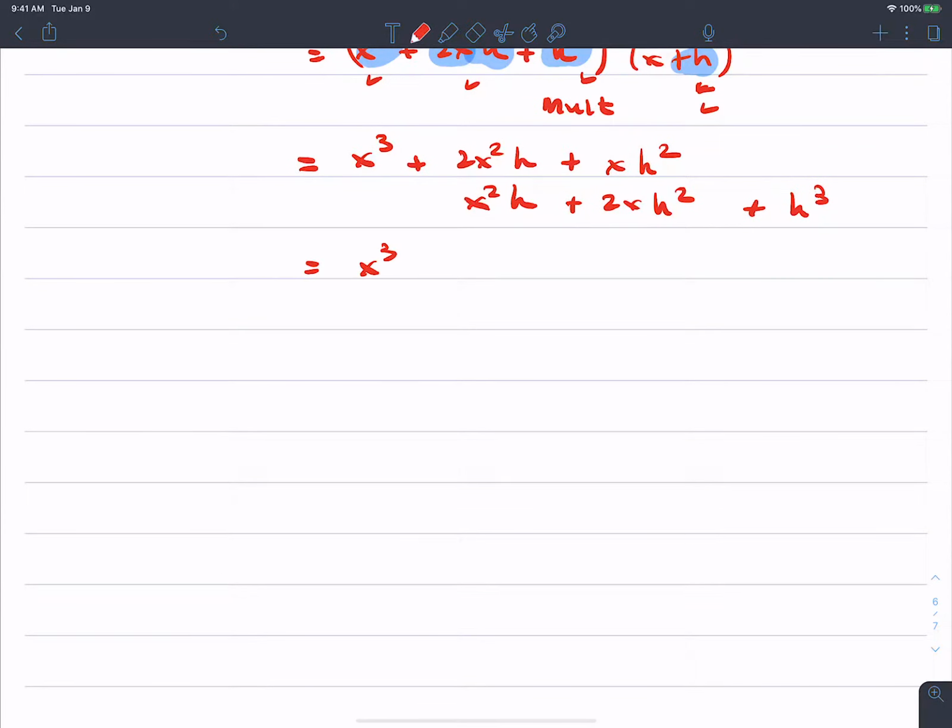That's what it means to distribute. And what happens now is just cancel. Here, one of those terms goes away, and then that's a 2 power. Just by dividing every term by that h. So you get 3x squared plus 3xh plus an h squared.